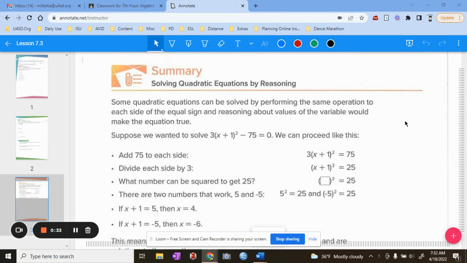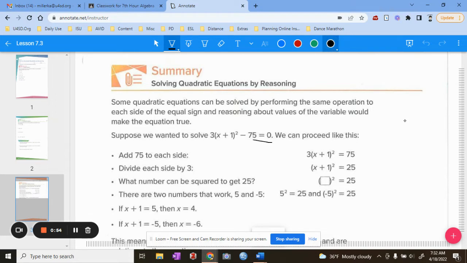So we undo addition with subtraction, undo division with multiplication, and so forth. Remember also that to undo squaring, we can square root. So let's take a look at how we can apply these strategies to this equation here.